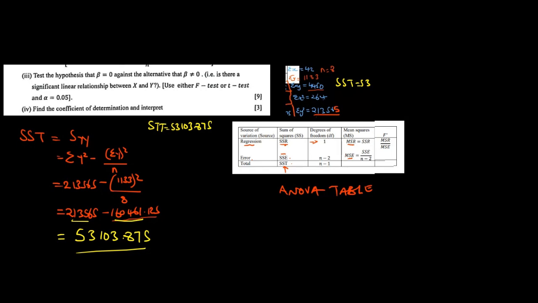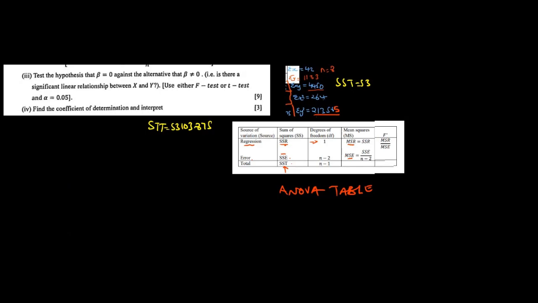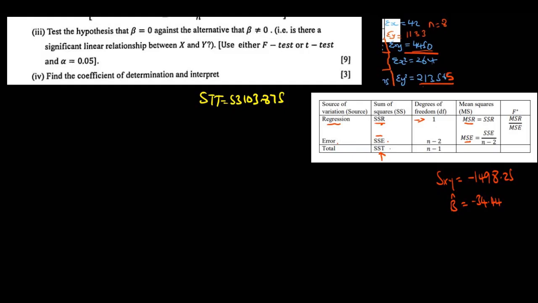Okay, so from the SST we are now going to calculate the SSR. The SSR is given by this formula: b cap multiplied by Sxy. So we are going to say this is equal to, what was our b cap?